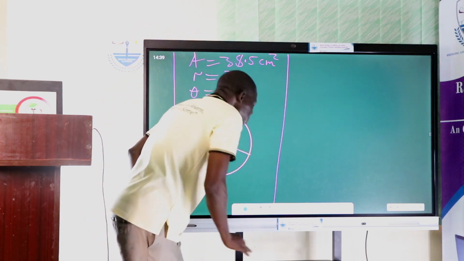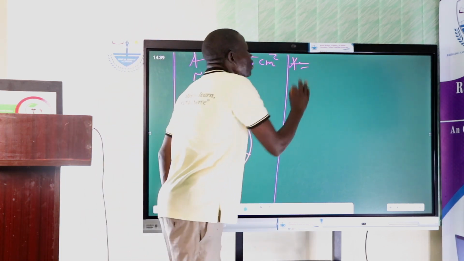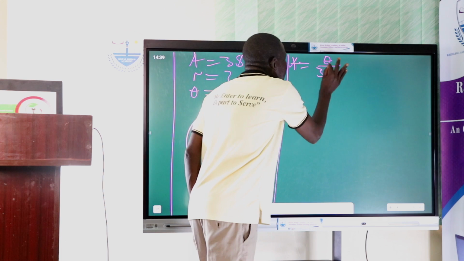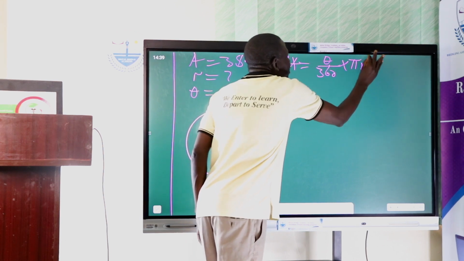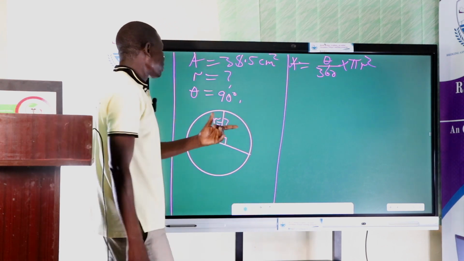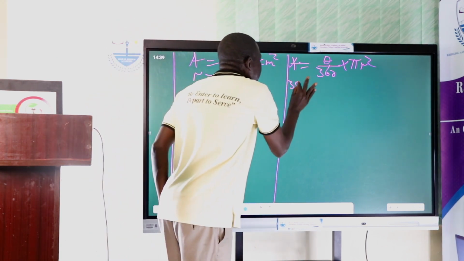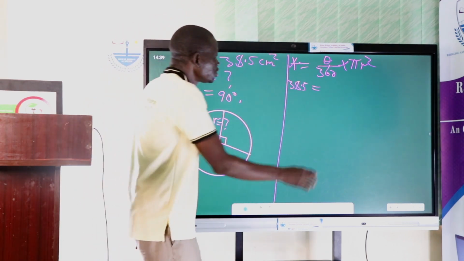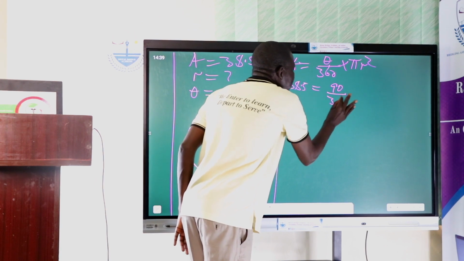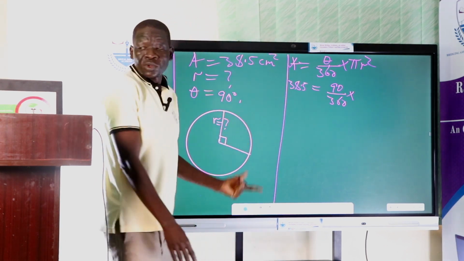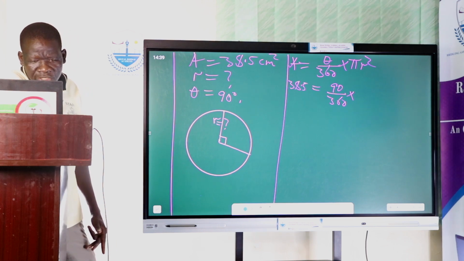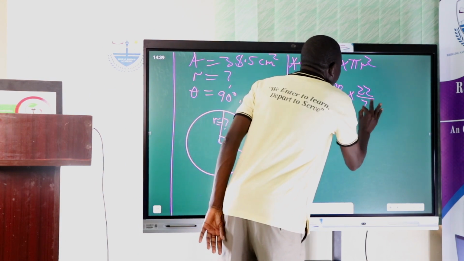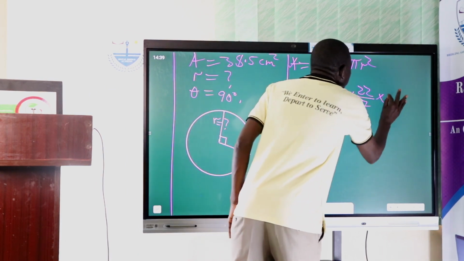So we apply the same formula. The area of the sector is equal to theta out of 360 times pi r squared. In this case, our area is 38.5, equal to 90 out of 360 times pi, which they have told us to take to be 22/7, times the radius, which we don't know, but it's squared.